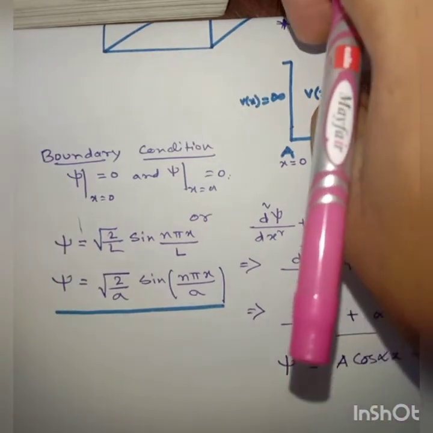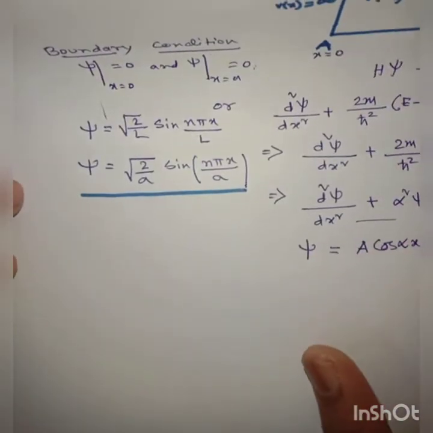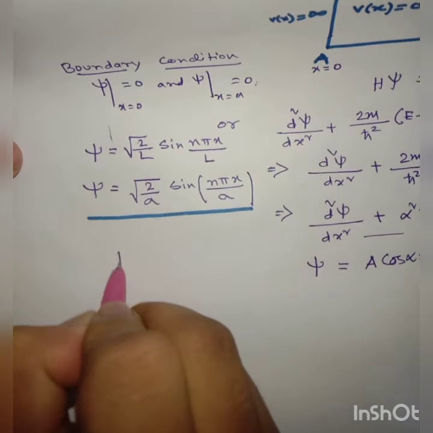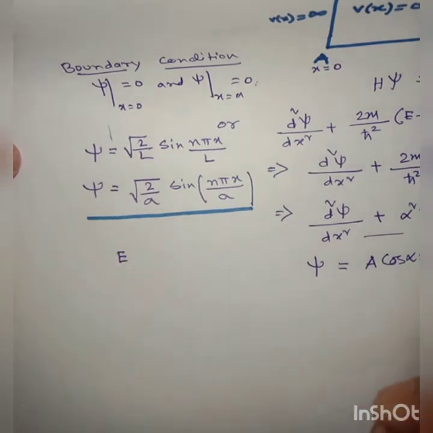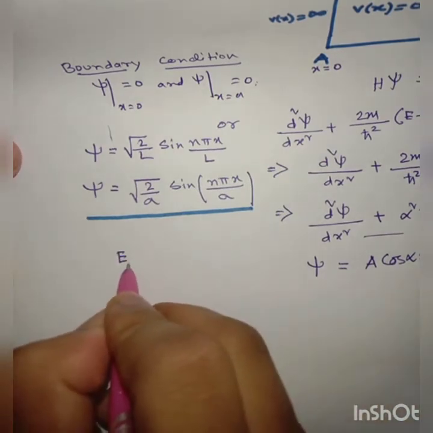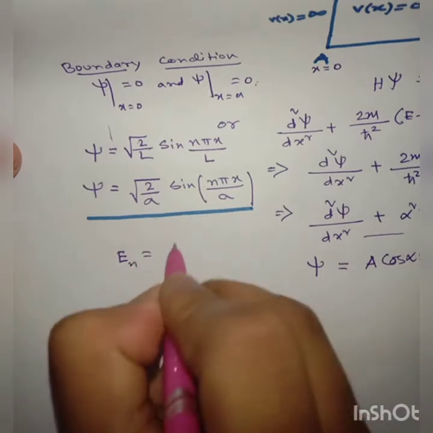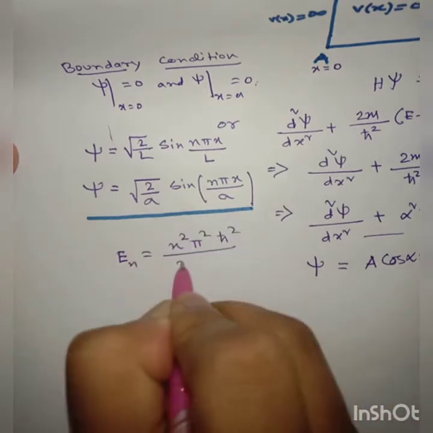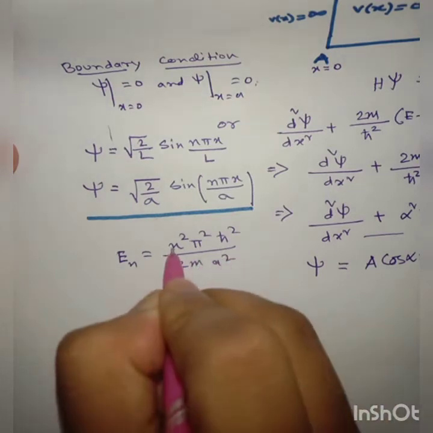Let us now calculate what the allowed energies are. If you compute the allowed energies, then E_n equals n squared π squared ħ squared by 2ma squared.